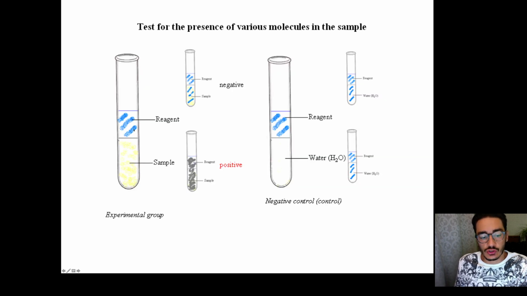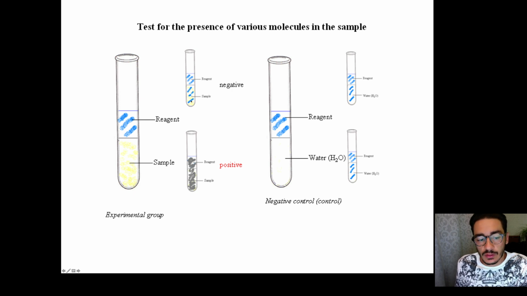You add the biuret reagent to the protein, so this is going to be your positive control, and you know you're going to obtain positive results. But if you add the unknown and the reagent and you have no change, then you know you don't have a protein in your sample.